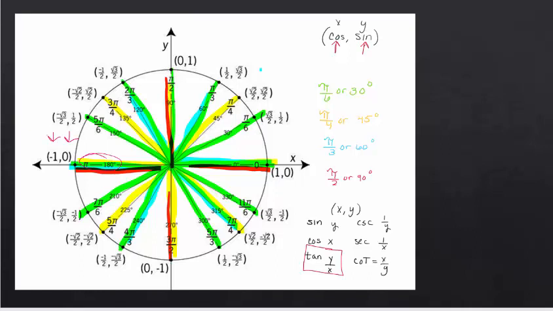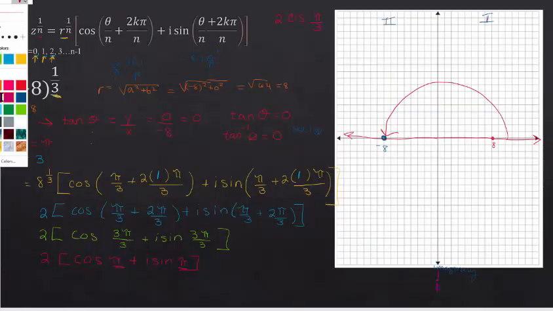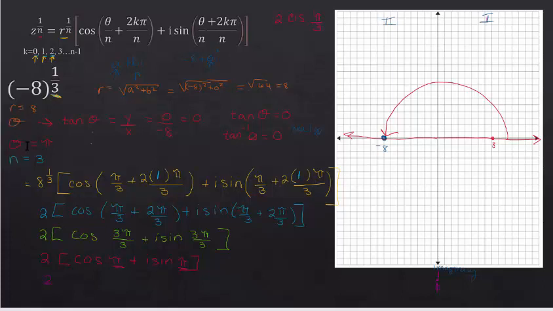So we can simplify this further. So this is 2, and then the cosine of pi is -1, and then the sine of pi is 0. So this is going to turn into 0 over here. And distributing that out, 2 times -1 is -2. So our next root is -2.